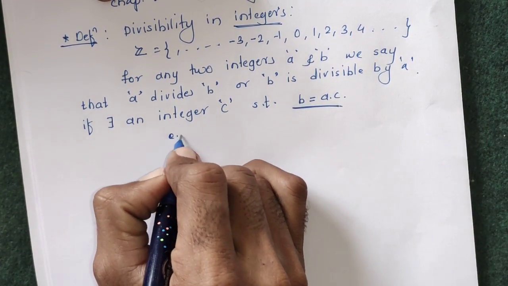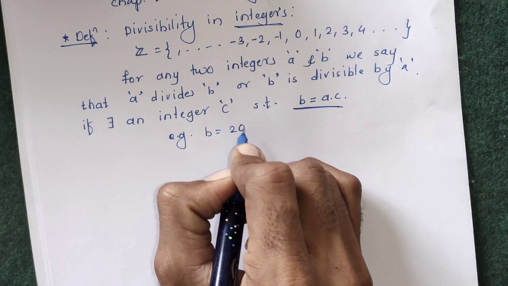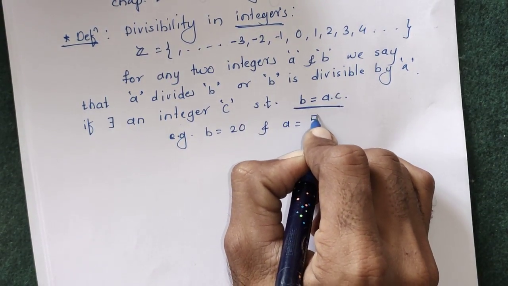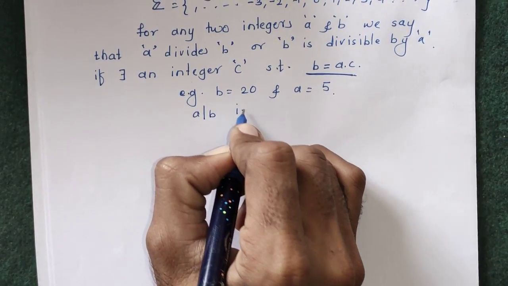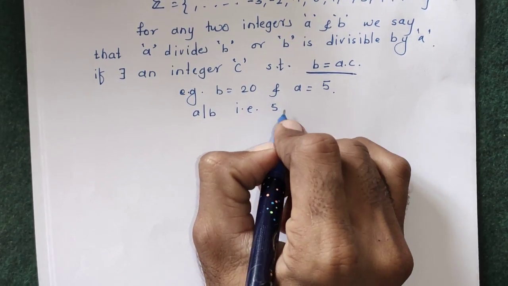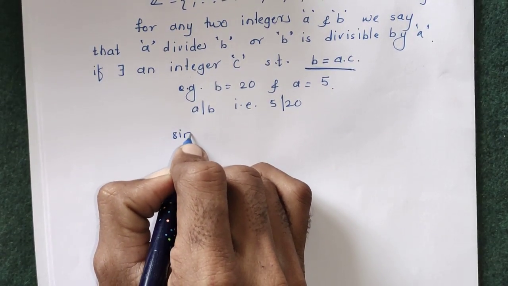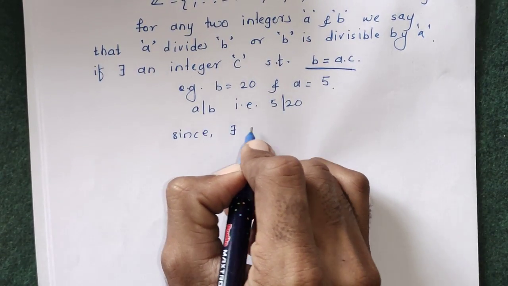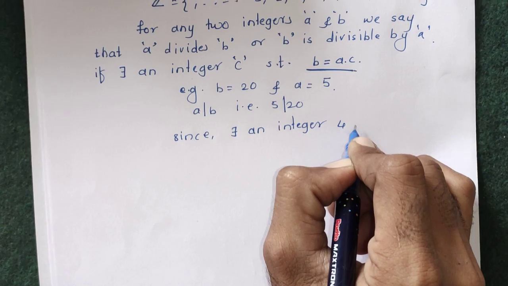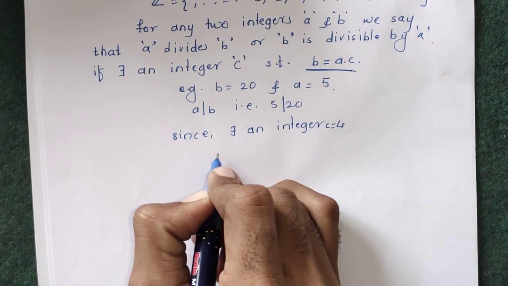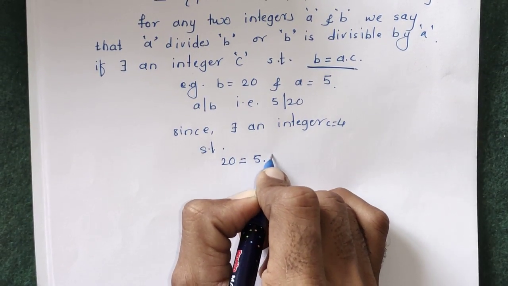For example, suppose b is equal to 20 and a is equal to 5. Then we say that a divides b, that is, 5 divides 20, since there exists an integer, suppose c is equal to 4, such that 20 can be written in the form of 5 into 4.